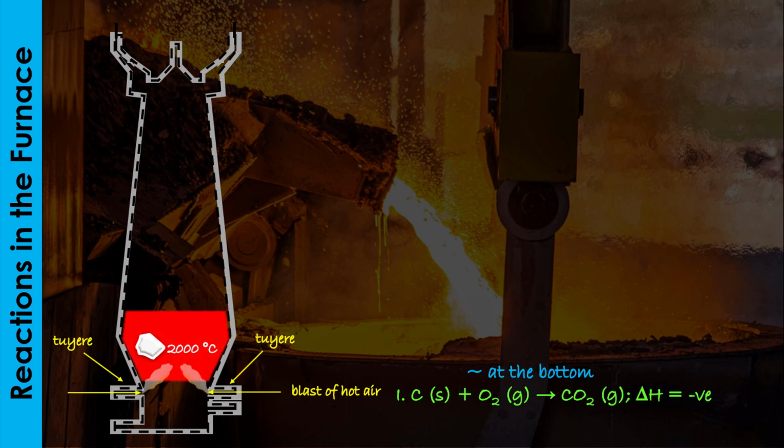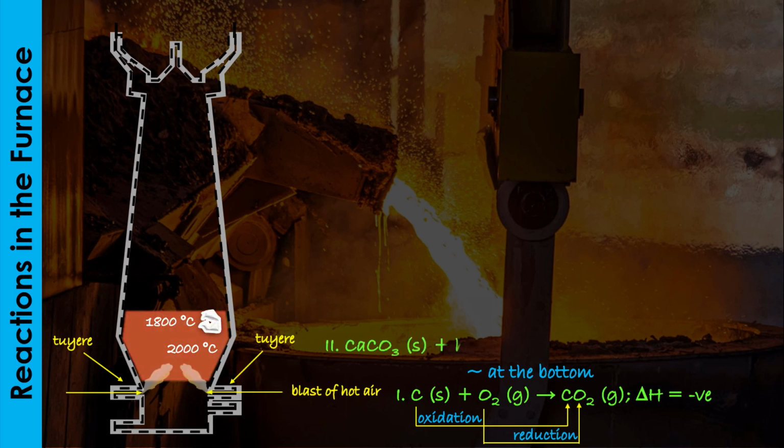The reaction, apart from being exothermic, is a redox reaction in which carbon is the reducing agent that is oxidized to carbon(IV) and oxygen is the oxidizing agent that is reduced to the oxide ion. The heat generated in the combustion of coke is needed to decompose the limestone into quicklime or calcium oxide and carbon(IV) oxide.